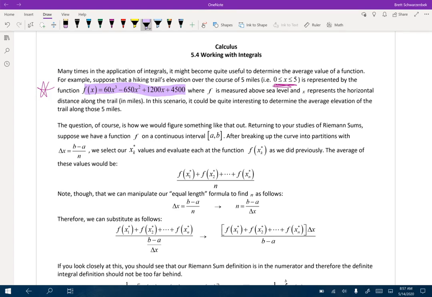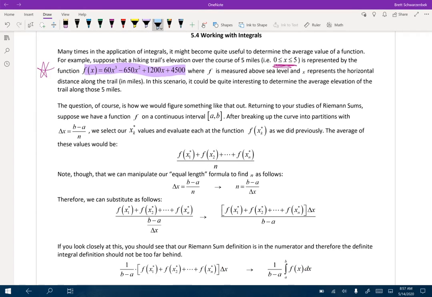So let's say we return to our Riemann sums for a second, which were always on the interval [a, b]. Remember, we broke up each one of the partitions, the width of the base, using the change of x formula. Everybody should be pretty familiar with that. And we found all the heights by taking f of x star k.